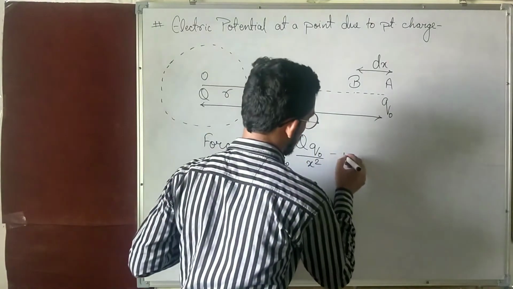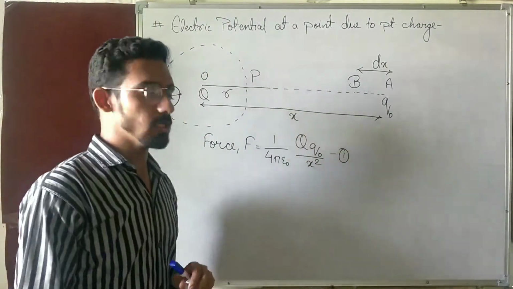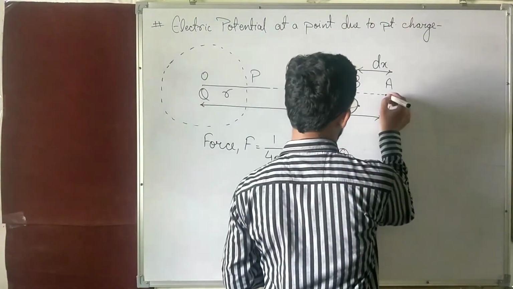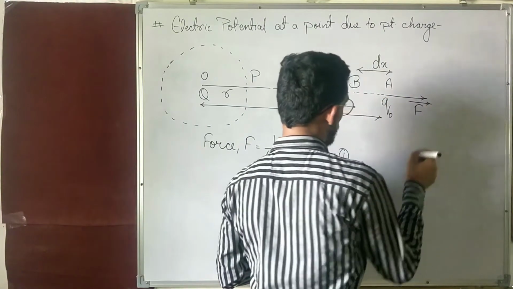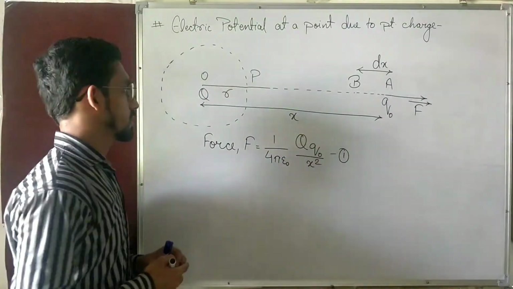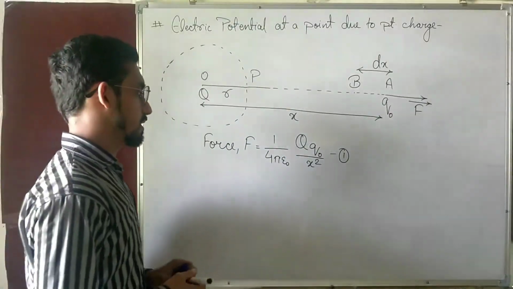This is equation number 1. And since both are positive charges, the direction of the force will be away from the given positive charge q.